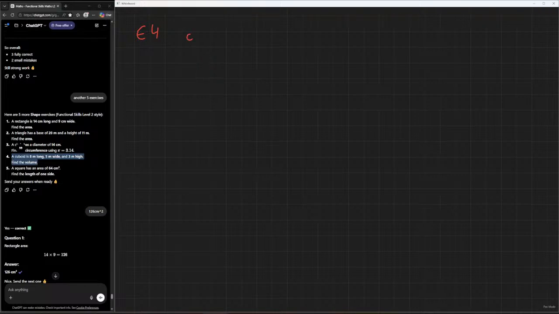I think this one we need to just times a times 5 is what? 40. 40 times 3 is what? 120, and then it's meter cubed.